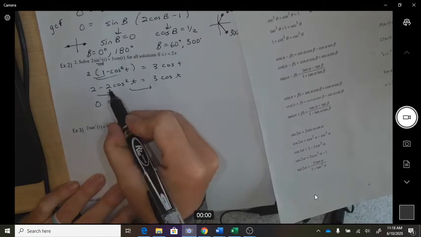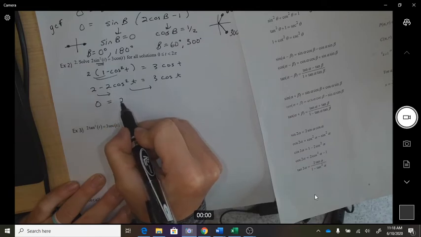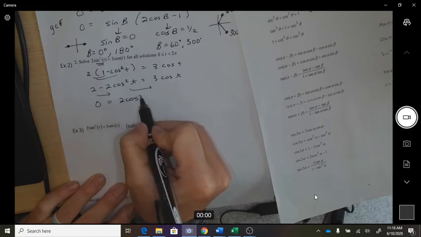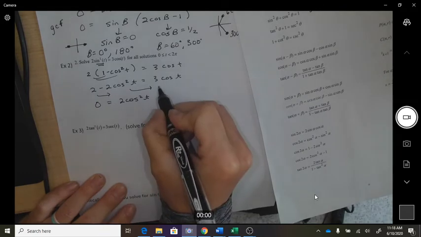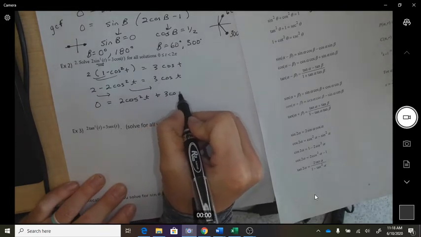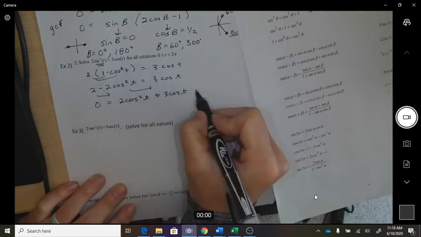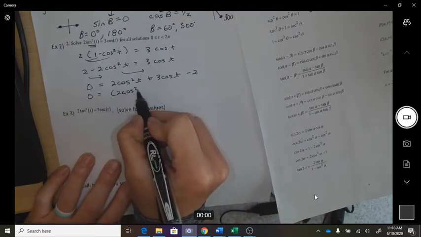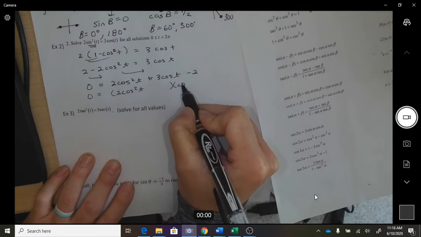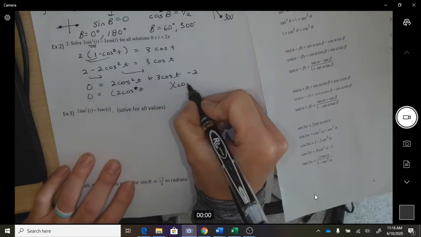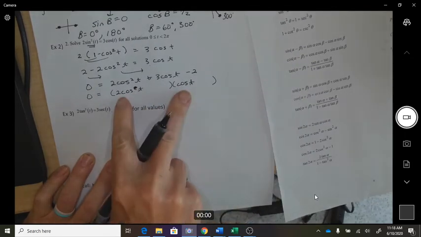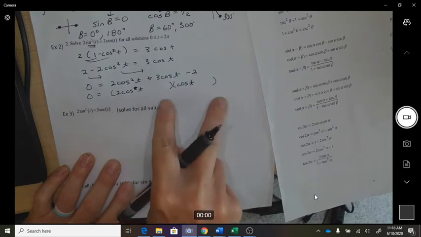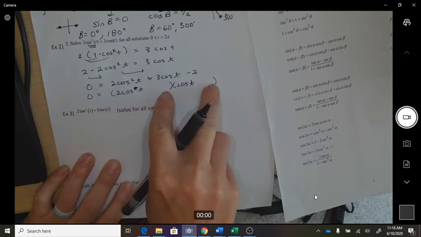So 0 equals 2 cos squared t plus 3 cos t minus 2. So factoring, you get a 2 cos and a 1 cos makes your 2 cos squared. And then a 2 and a 1 to make your 2.